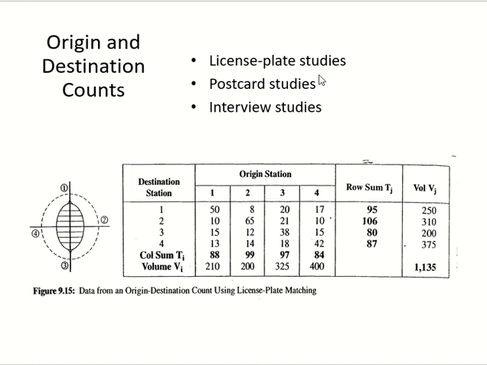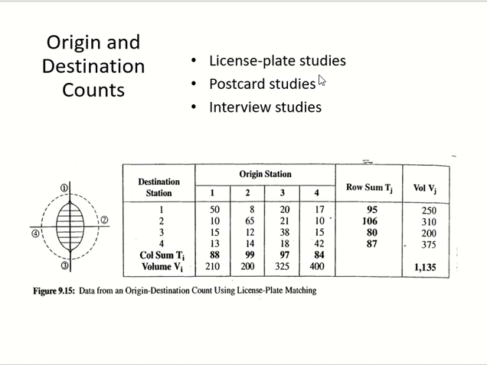I put observers on the entry and exit points of the areas, and these observers were counting how many vehicles are entering and how many vehicles are exiting. So for example, look at the first column. The number is how much? 210. 210 vehicles were coming out of area 1. Next column, 200 vehicles were coming out of area 2.